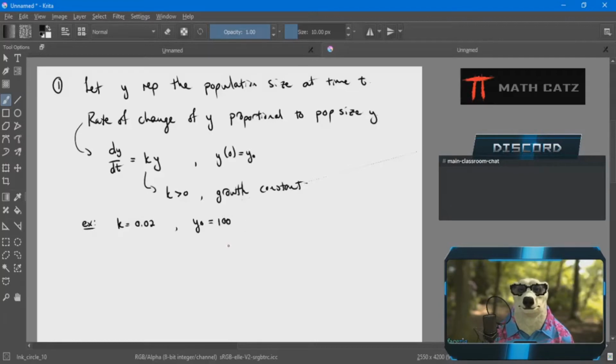Could be bacteria, could be individuals, could be people, could be fruit flies, could be anything that is growing. So if I use this example, then my differential equation is dy/dt = 0.02y, and my initial population size is, for example, 100.